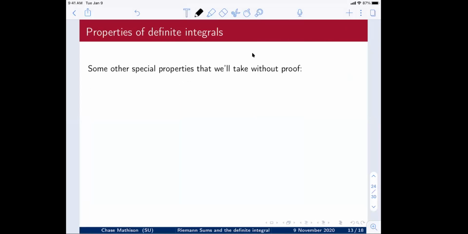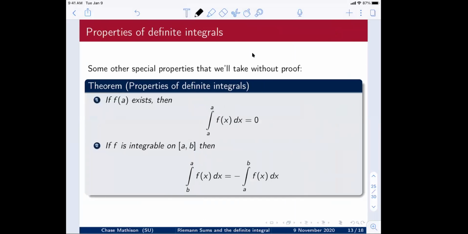All right, so some other special properties. Again, the proofs just require you to write out a ton of Riemann sums. If you want to see them, I can write them out for you, but they're very tedious and very boring, and again, not very enlightening. Okay, so if f of a exists, then the area underneath f of x between x equals a and x equals a, well, that's 0, right?